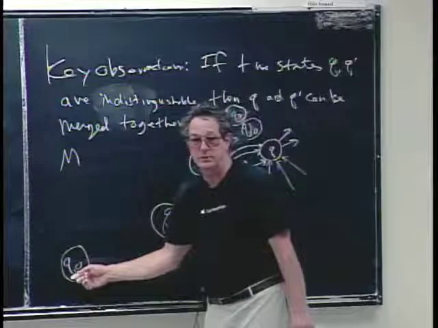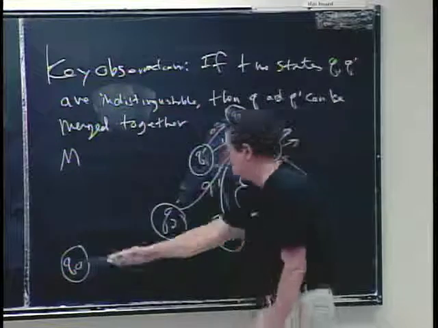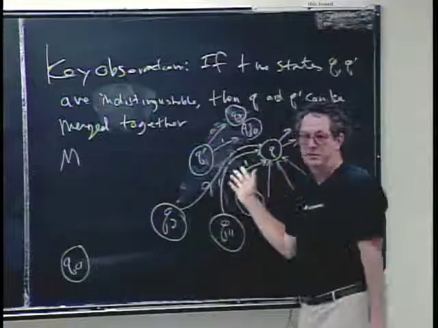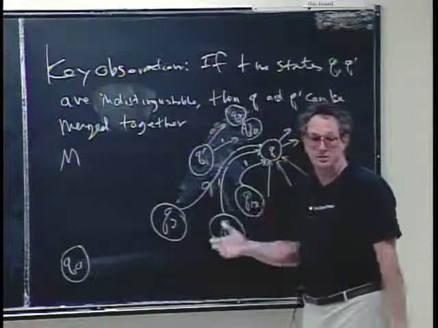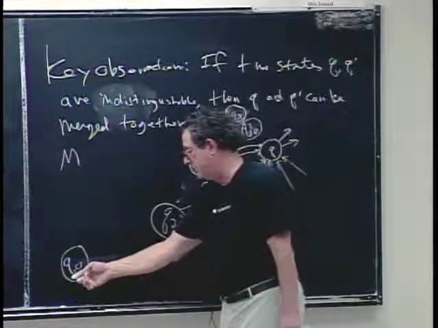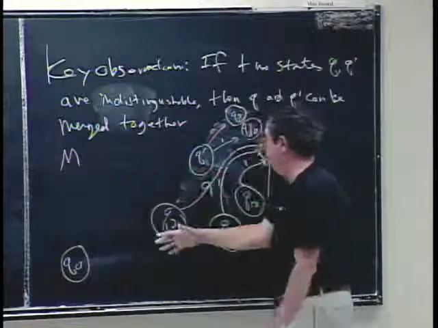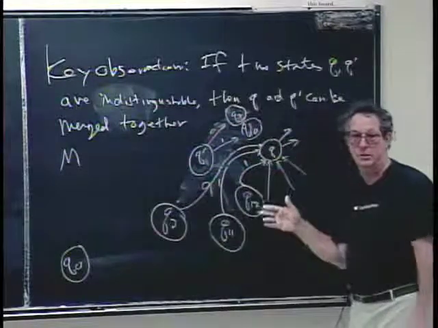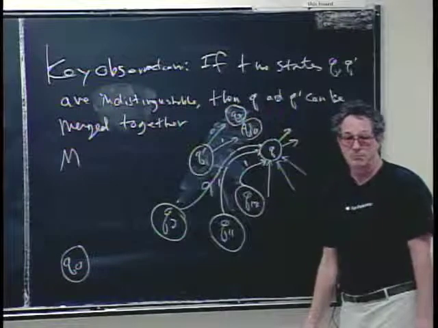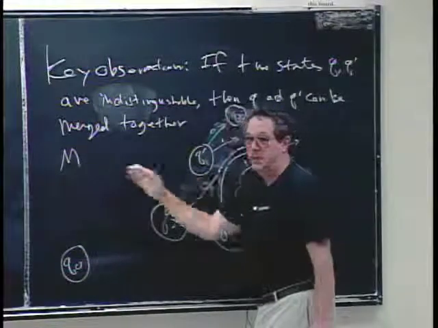Computations that start at Q0 and process a particular string W, if a computation never goes through Q prime, then what we did in modifying the DFA has no effect. You're going to get the same computation. So if the computation starting from Q0 on the string W never went through Q prime in M, then you're going to get the same computation in M1, and it'll end up in exactly the same state that it would in M. But a computation that goes through Q prime in M is now altered.